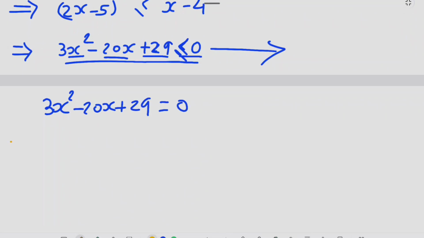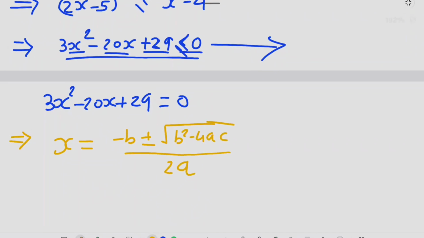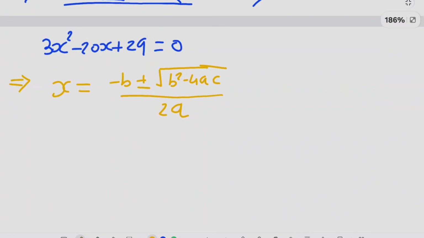Okay, so let's solve by the discriminant method, which is x is equal to minus b plus or minus under root of the discriminant, which is b square minus 4ac, divided by 2a. So I'm simply writing answers.